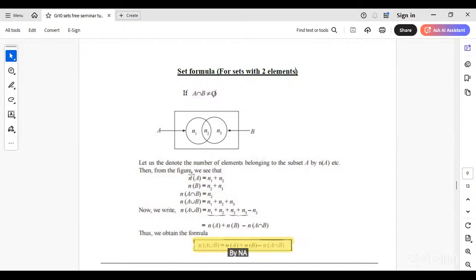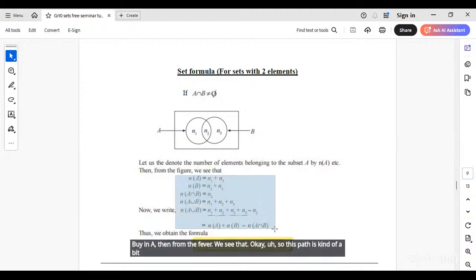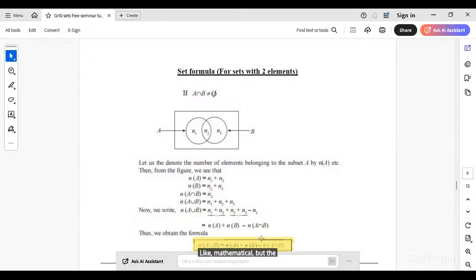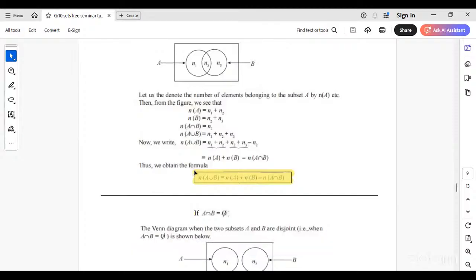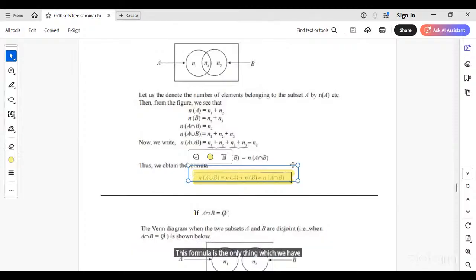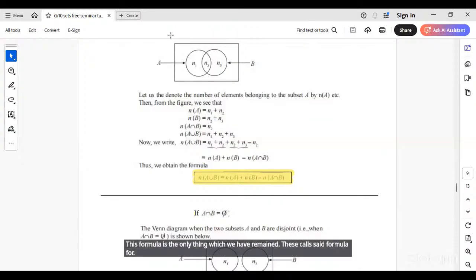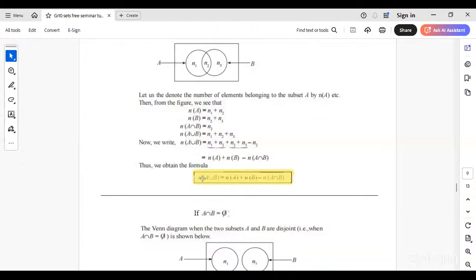This part is a bit mathematical, but the only thing you have to remember is this formula, called the set formula: N(A union B) equals NA plus NB minus N(A intersecting B).